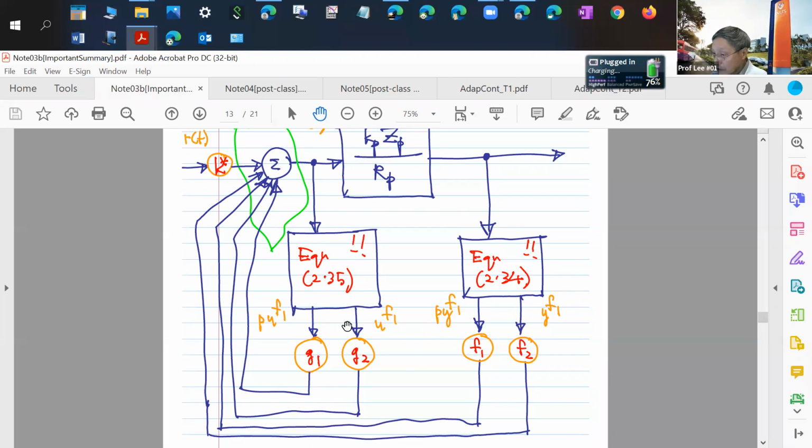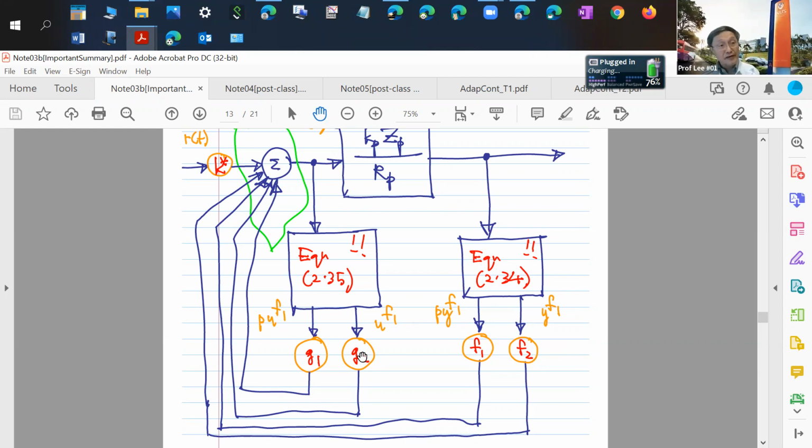So all these signals are state variables of the system of a non-minimal realization. So if all these are state variables and you multiply them by numbers, and then you feed it back, so what is this? All these are just state variables, and you're multiplying them by numbers.